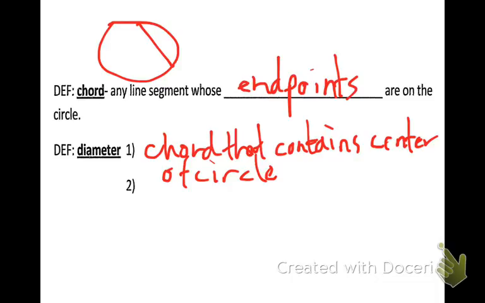Okay, how else could I define it? In terms of a chord, the diameter? Any ideas? Okay, it's the longest chord in a circle. We could also define it as the longest chord.